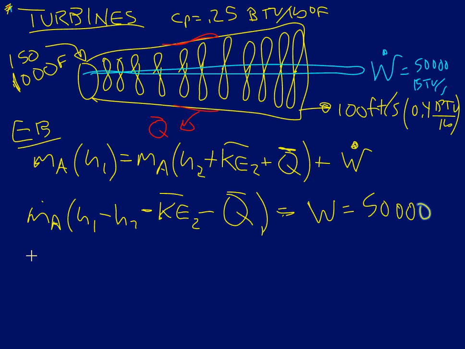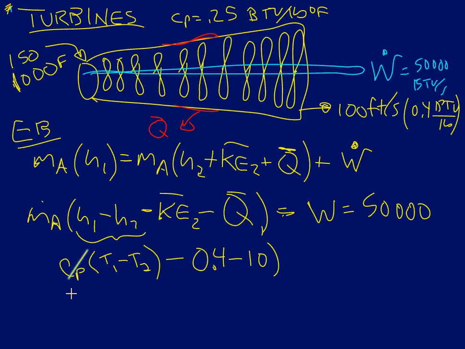Okay, so plugging in, what do we know about H1 minus H2? H1 minus H2 is Cp delta T, treating it as an ideal gas, so that would be Cp times T1 minus T2, minus kinetic energy, which we said was 0.4, minus the 10 BTUs per pound that we dropped from our heat.